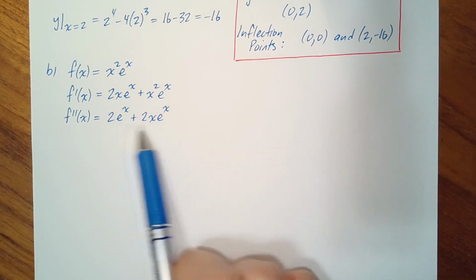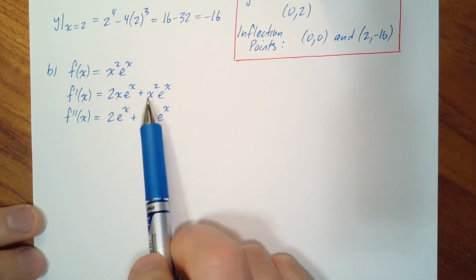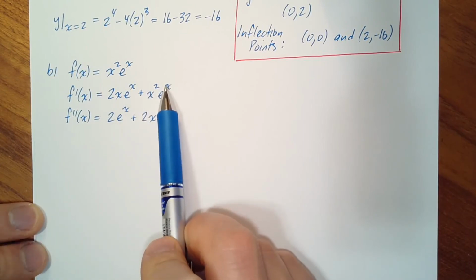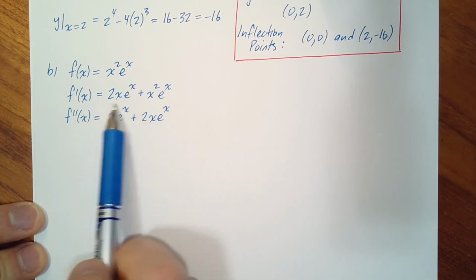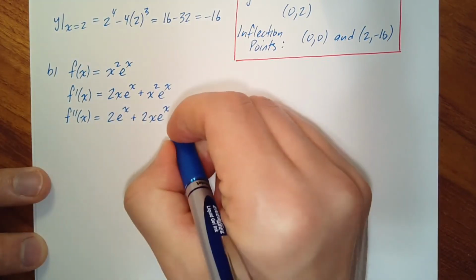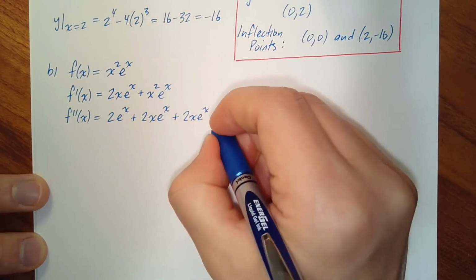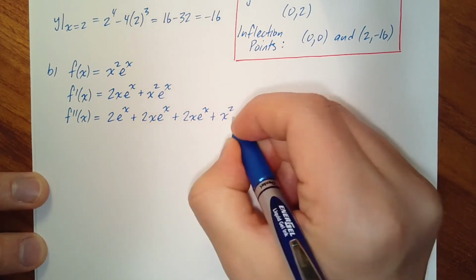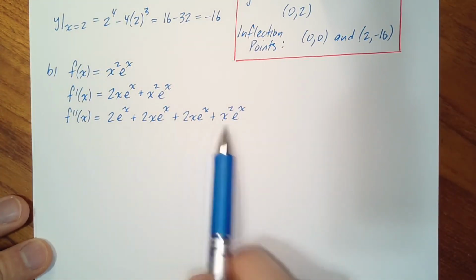This is the derivative of the first term of f prime of x. But now to differentiate x squared e to the x, like I said, we just did that because that's f of x. So what we put here is just going to be exactly f prime of x. So we'll have plus 2x e to the x plus x squared e to the x. So that is our f double prime.